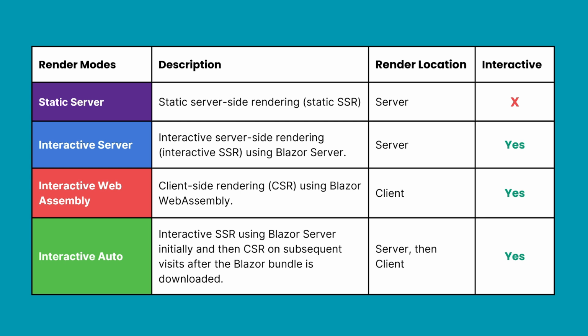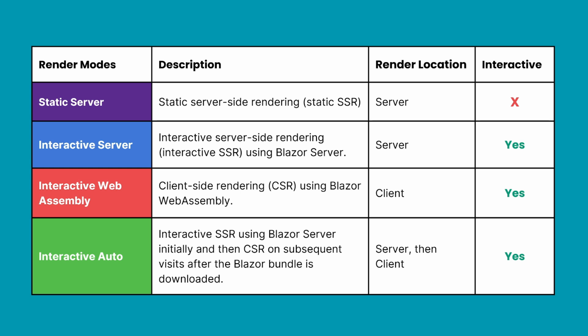So this table we have here summarizes all the various types of render modes that we have in an easy to absorb manner. For each render mode we have a description, and I put the render location and the interactivity as well, to give you a quick glance at what they are before we go a bit deeper into them.